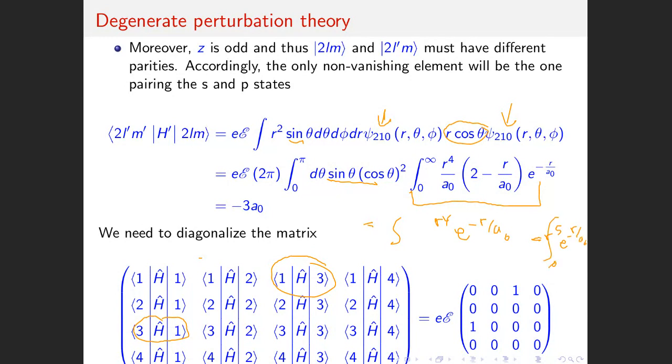And what are these integrals? You can write them in terms of the gamma function. You just do a change of variables. You can see that this gives you something like, if you call this t, e to the minus t, t to the 5 minus 1. And you know this is just an integral definition of the gamma function.